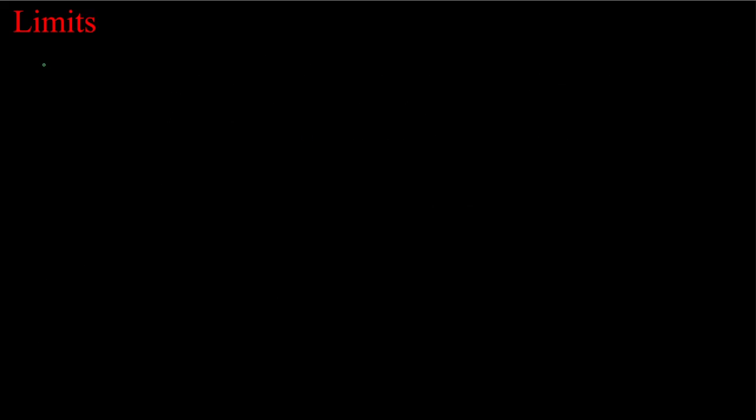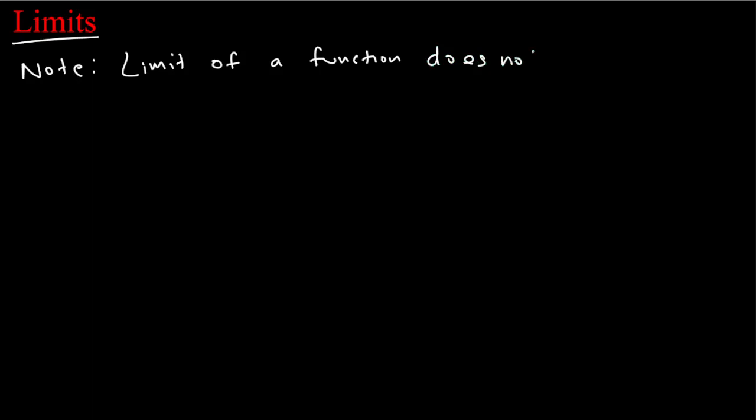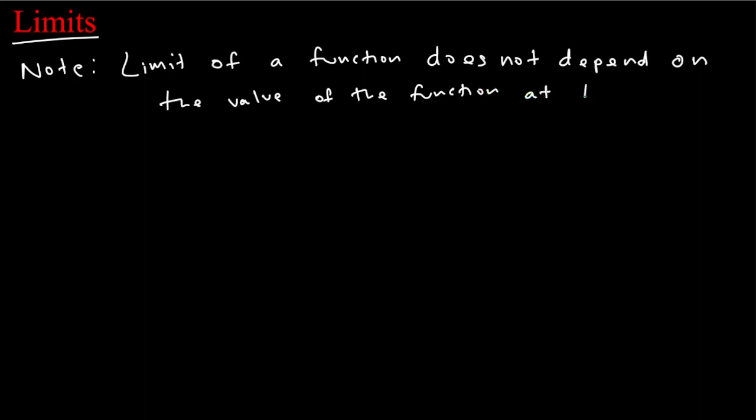So, before we get into some examples, I just want to make it clear. Note, the limit of a function does not depend on the value of the function at the point.